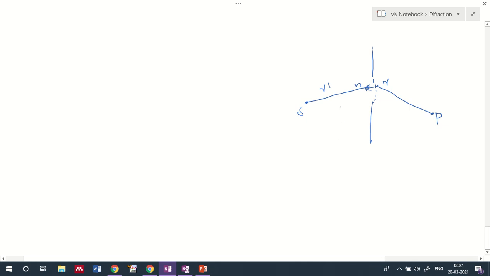So this is the Huygens representation of the Kirchhoff integral formula, and if r dash is a constant value, then cos n r dash will be equal to minus 1.